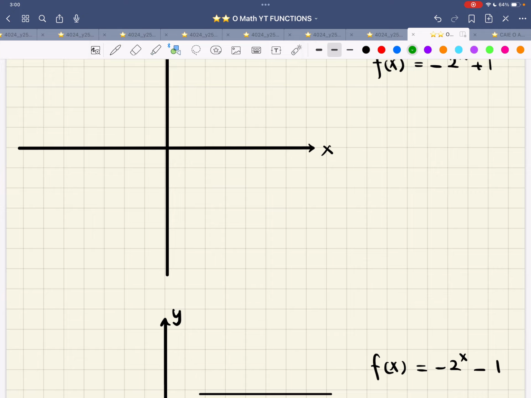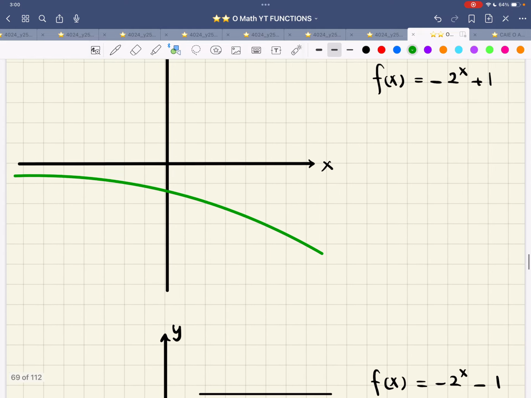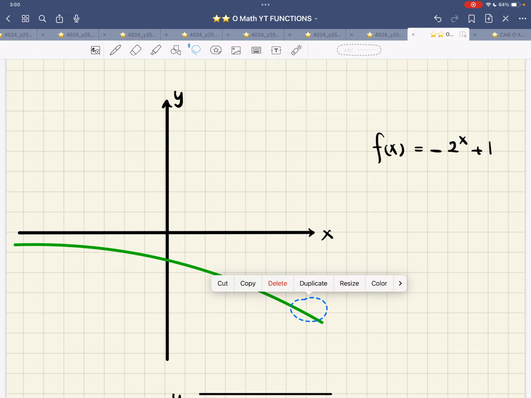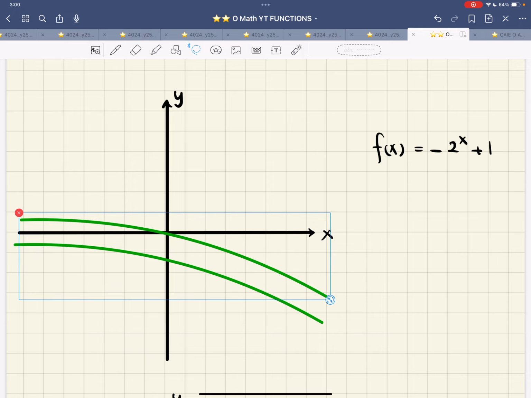Green color marker. This is negative 2 power x. This is also negative 2 power x. Both things are drawn, and then the first one is plus 1. Let me draw it like this. Actually, let me just copy this. Of course, that I can do on my iPad, not on the paper. Let me paste it over here, and let me just change the color.